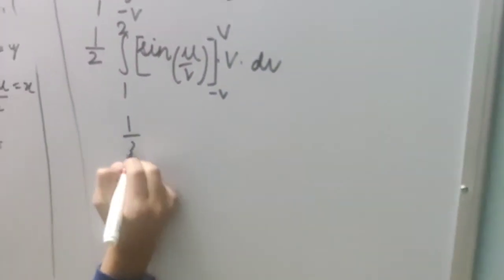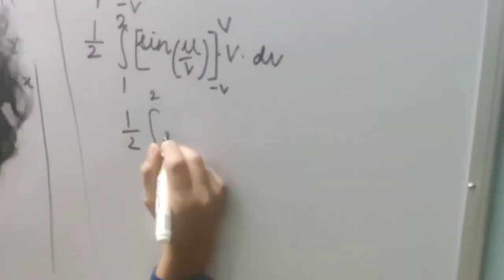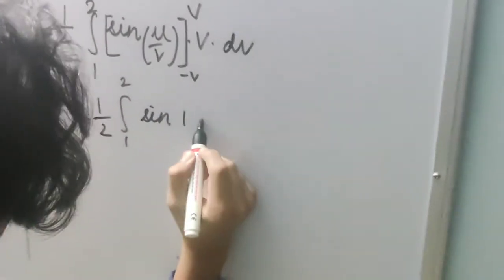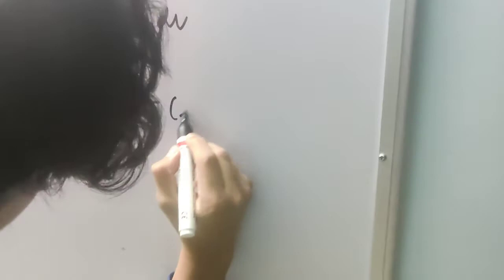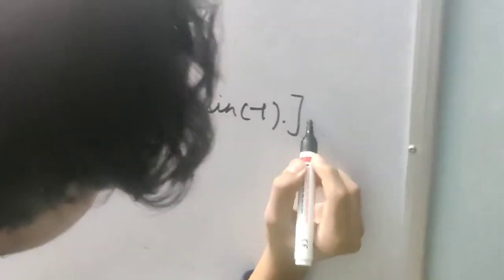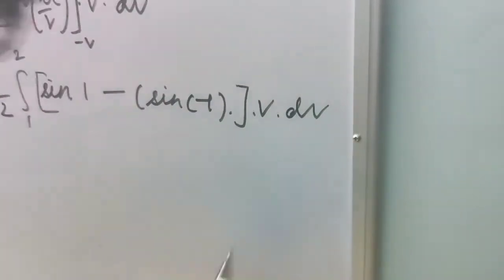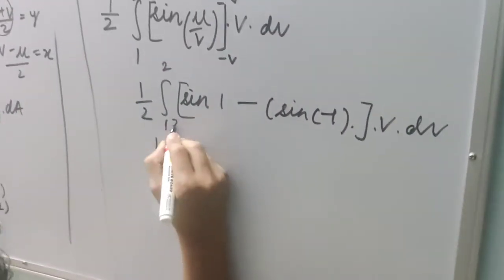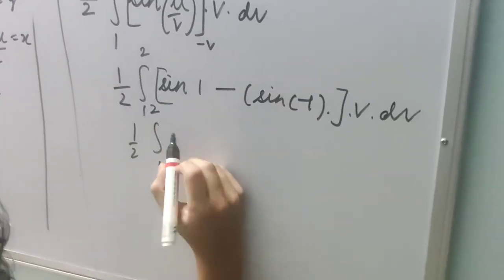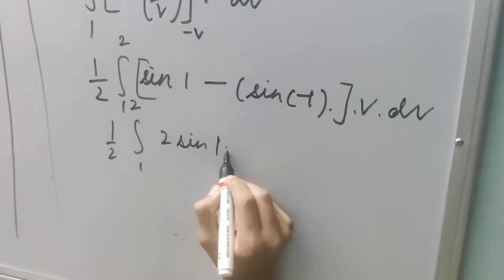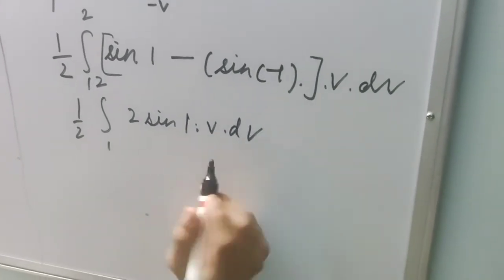So we get sine of 1 minus sine of minus 1, times v dv, which is nothing but twice sine 1 times v dv.